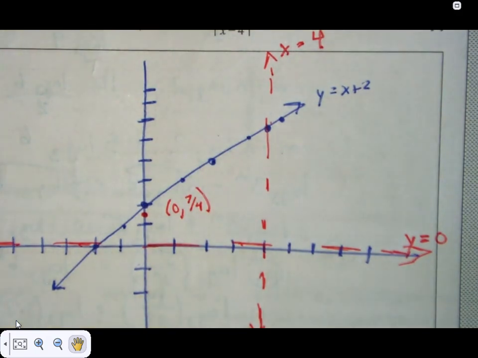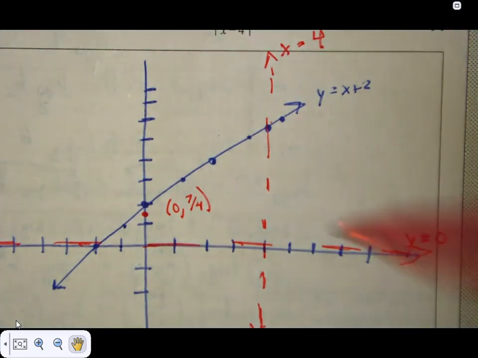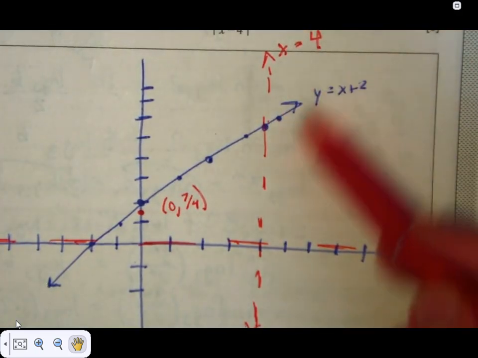One thing you know is it's completely positive, so there's not going to be anything below the x-axis. Everything's above. You know you have a vertical asymptote, so you should expect it to go towards the vertical asymptote, and when it goes towards a vertical asymptote, it can either do that by going straight up or by going straight down.